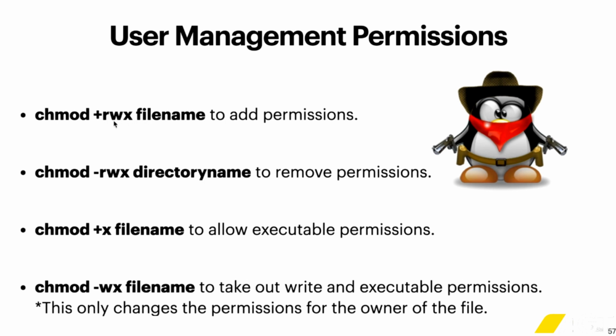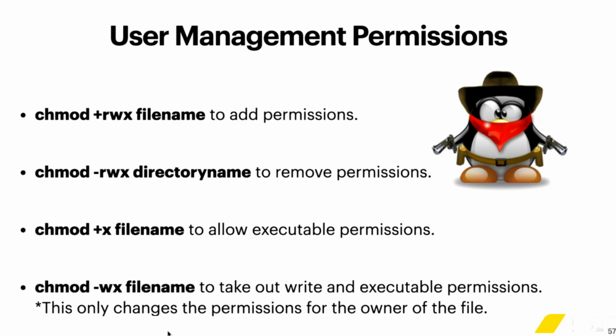If I want to give all permissions, I will write rwx. If I want to give just execution permission, I will write plus x. If I want to remove any kind of permission, I can use minus and write the name of the permission I want to remove for the owner of that file. All these commands work only for the owner. They are not for groups or other users, so you have to remember that.